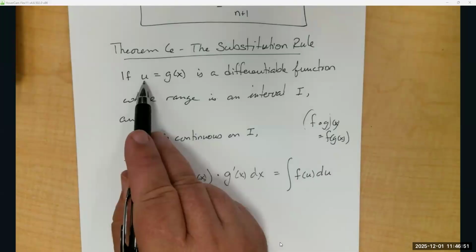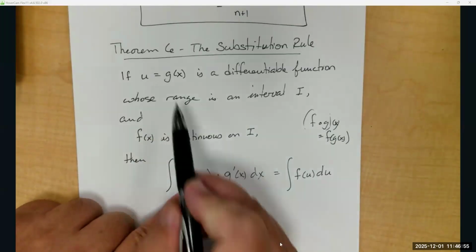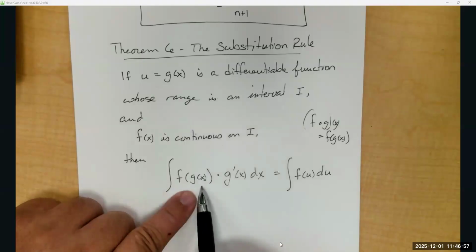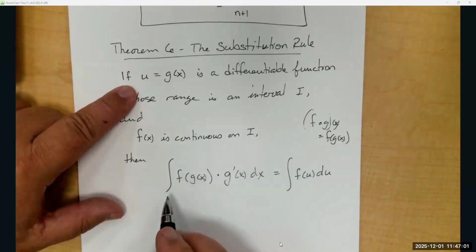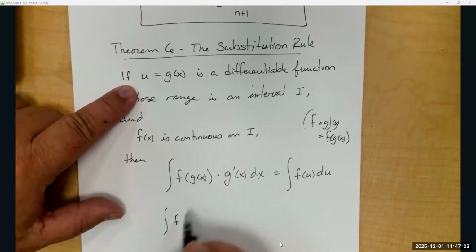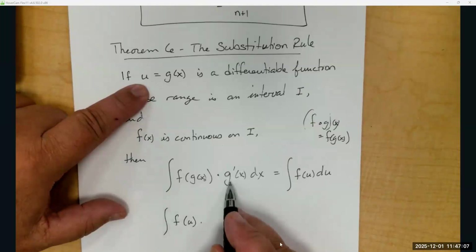So what this is saying is, in place of g of x, if I put u, what is g prime?